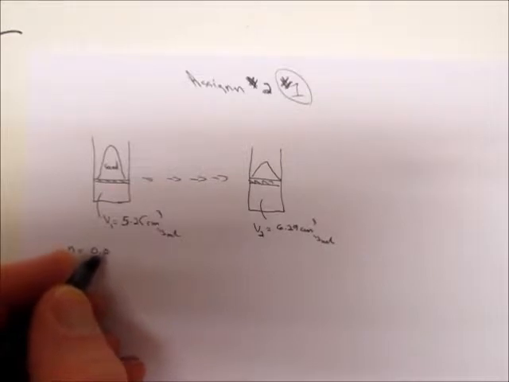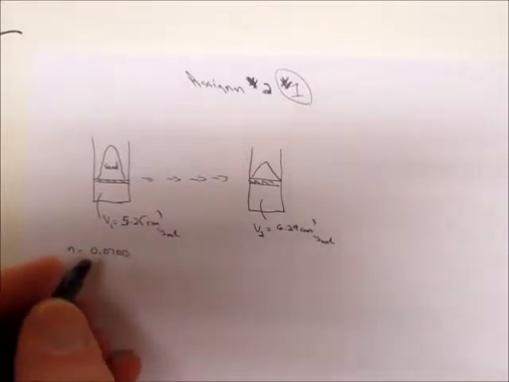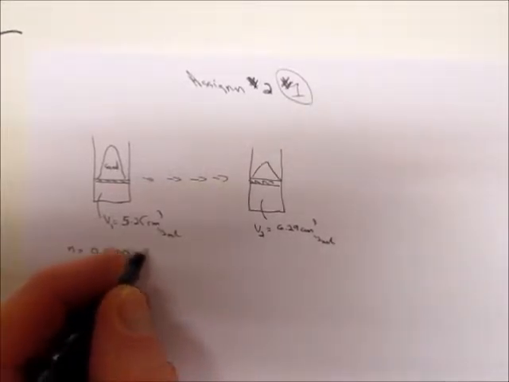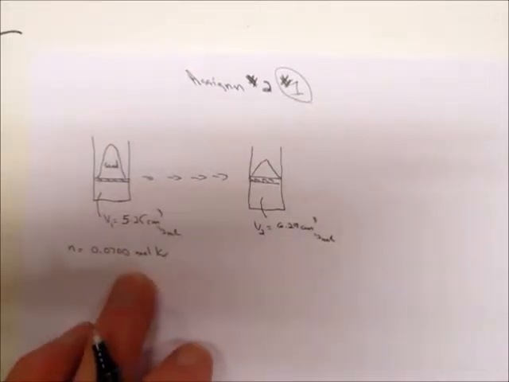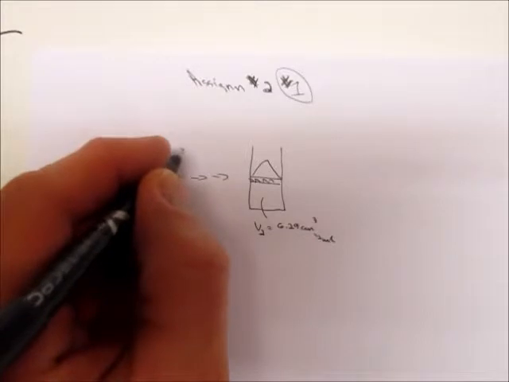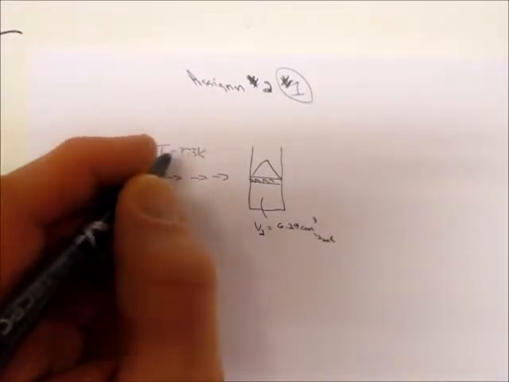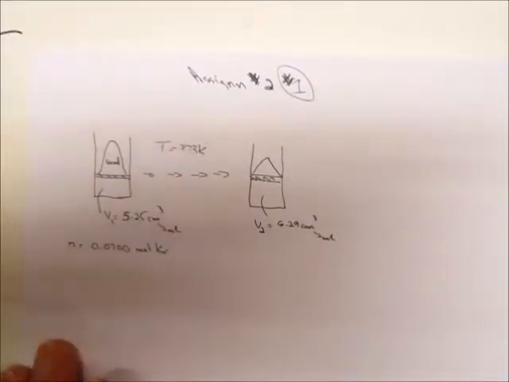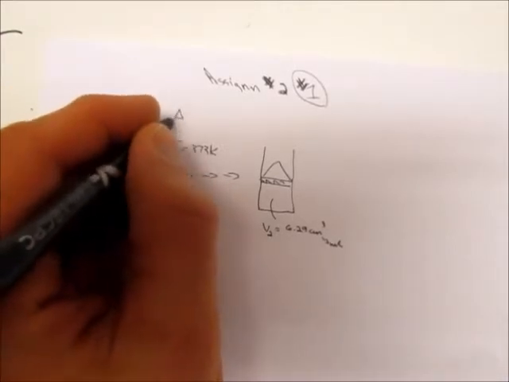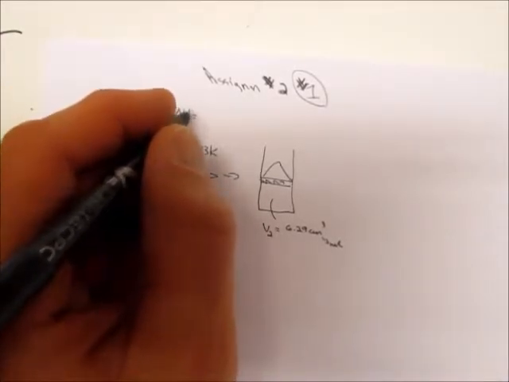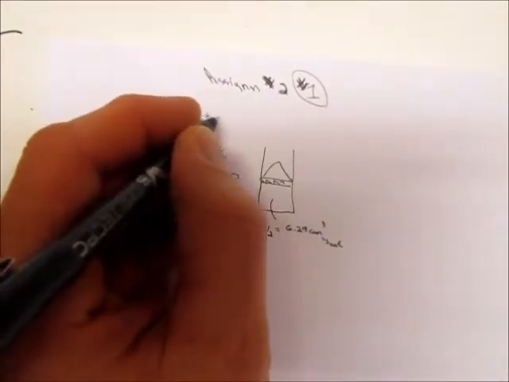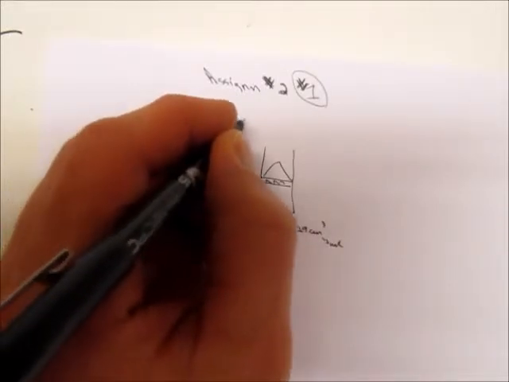I just have a tendency of wanting to write it in decimal form, unless it gets really small. And it's krypton, just in case I need to know that. The temperature is 373 Kelvin. We're told that the internal energy was increased by 83.5 joules.